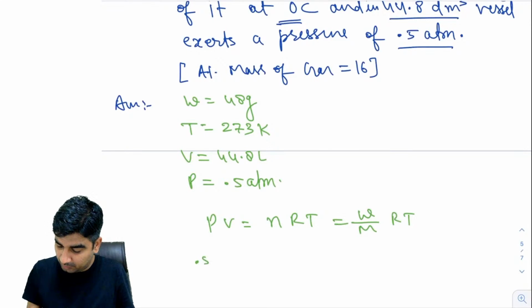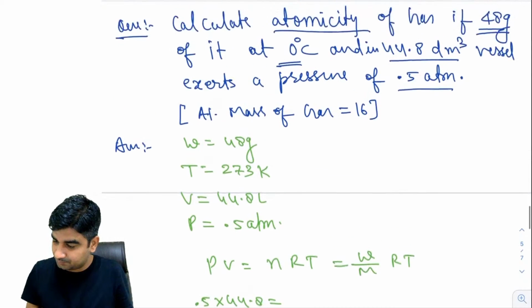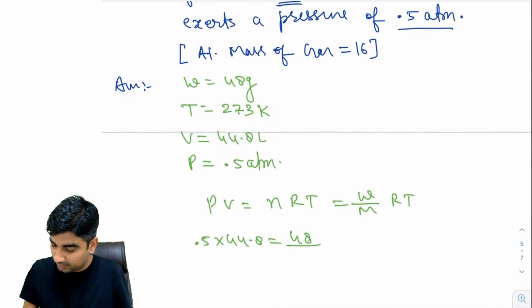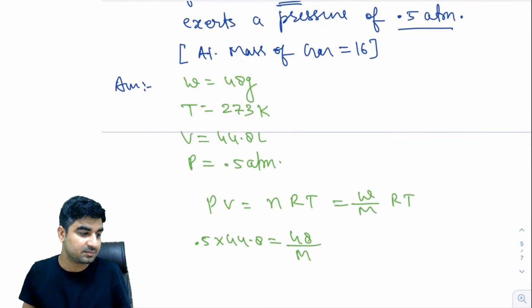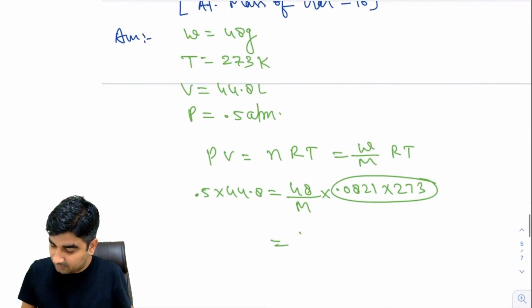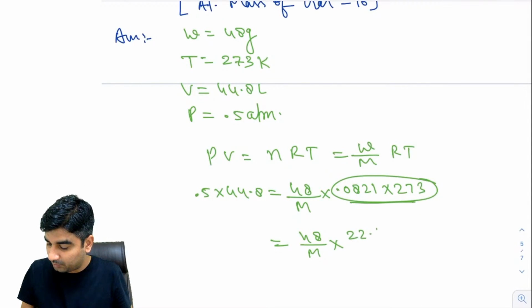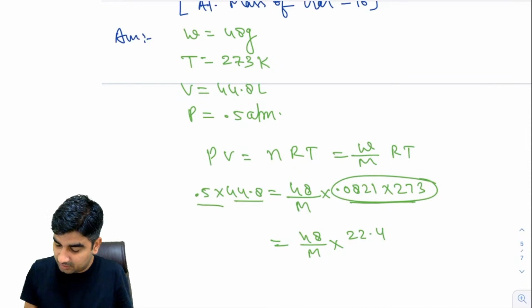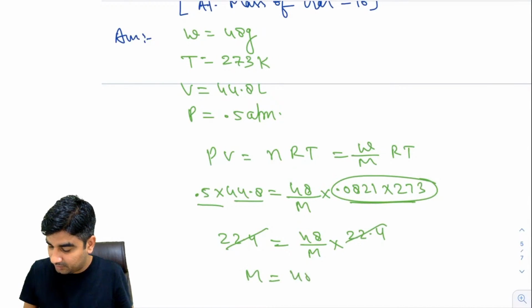So pressure I know 0.5, volume I know, W I know 48. I don't know molar mass, right? So it will be 0.0821 into 273. So I will get here 48 upon m into 22.4. And what is this? 22.4. So molar mass will be 48.